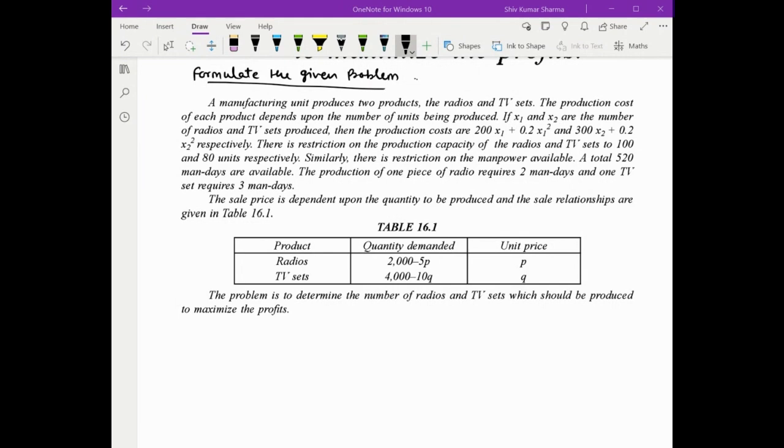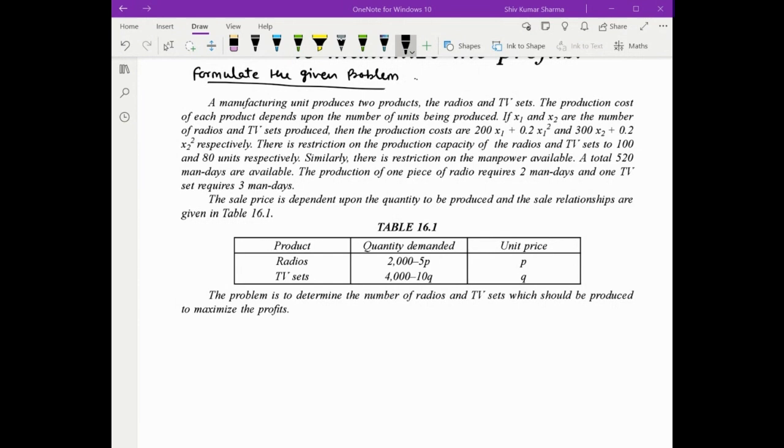If X1 and X2 are the numbers of radios and TV sets produced, so here two variables are given, X1 and X2. Then the production cost is also given: 200x1 plus 0.2x1 square and 300x2 plus 0.2x2 square respectively.